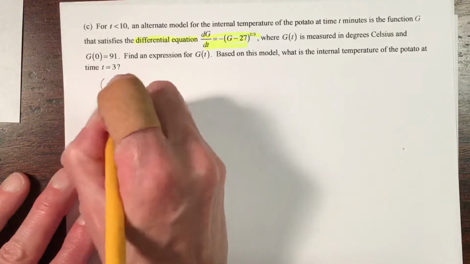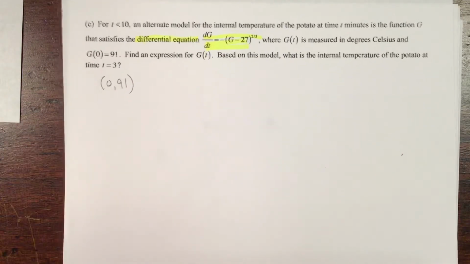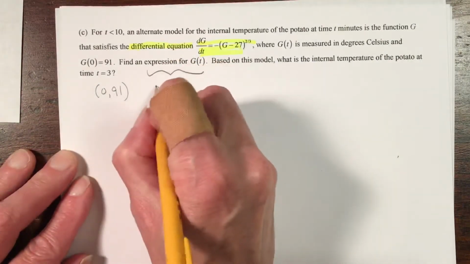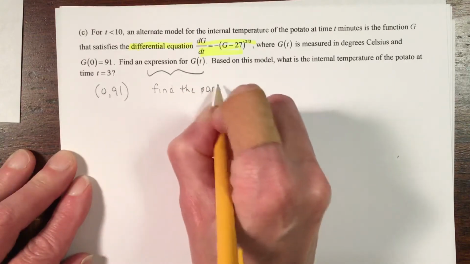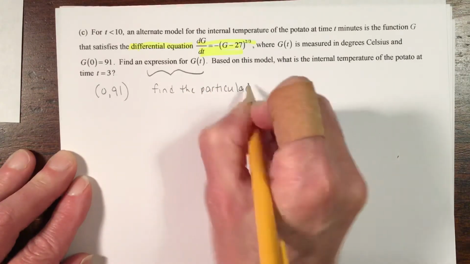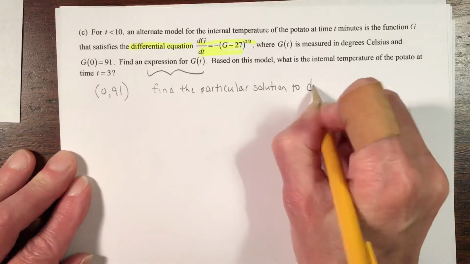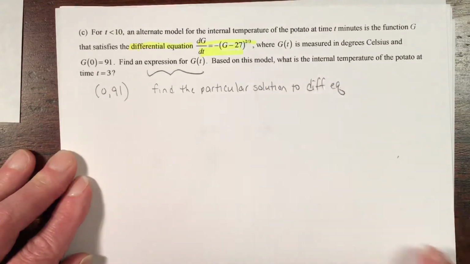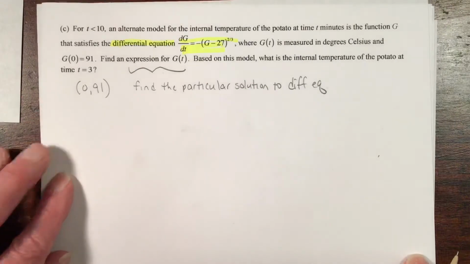Okay, so we know (0, 91) is a point on that curve. And we want to find the expression for g of t. This just means find the particular solution to the differential equation that was given. And then based on this model, we're going to find the internal temperature at time t equals 3.